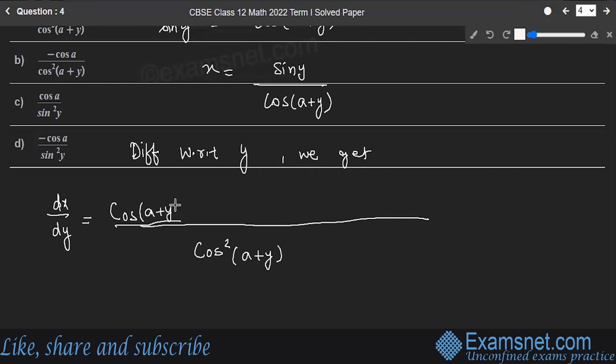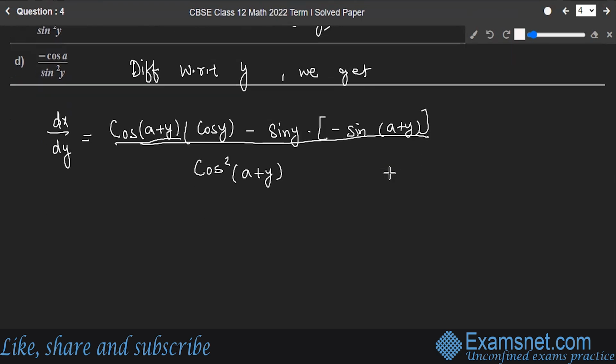So cos a plus y into the derivative of the numerator, which is cos y, minus numerator into the derivative of the denominator, which is minus sin a plus y into the derivative of a plus y, which gives you 1. So I will write it just as such.